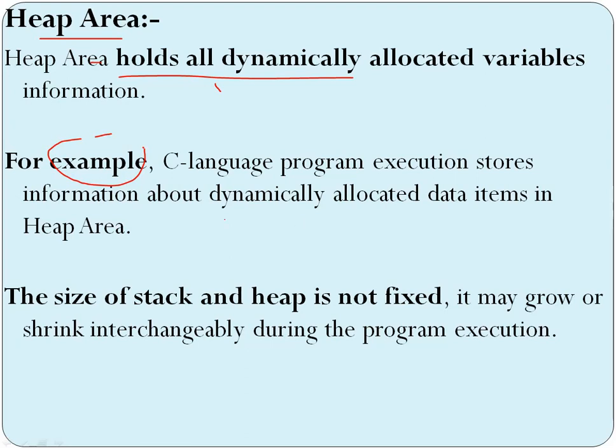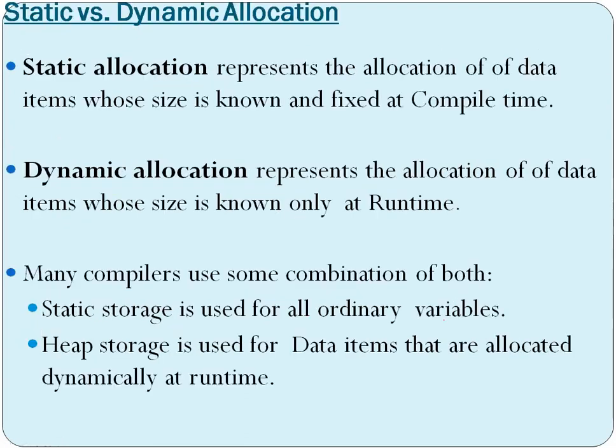For all such variables, the space is going to be allocated in heap area. Here the size of the stack and the heap area are not fixed, they can grow and shrink, depending on the requirement of the program execution.